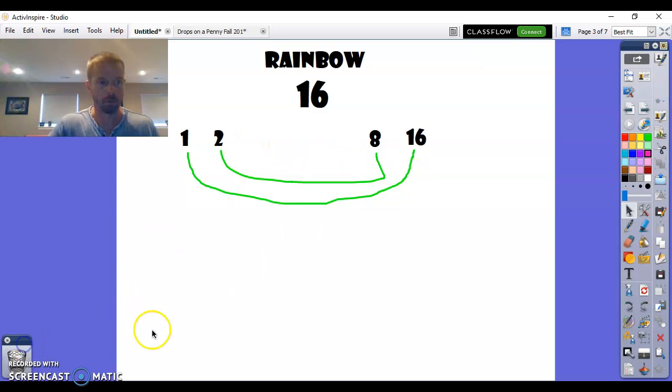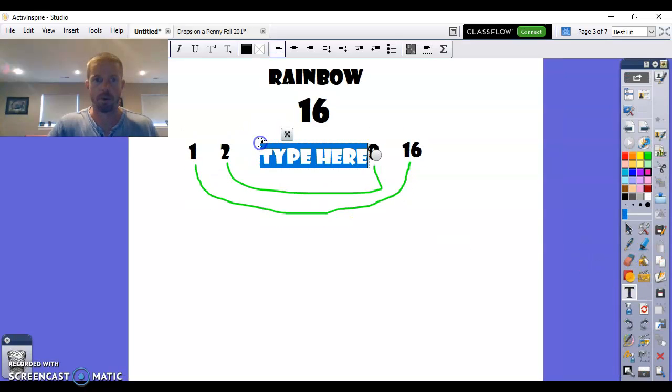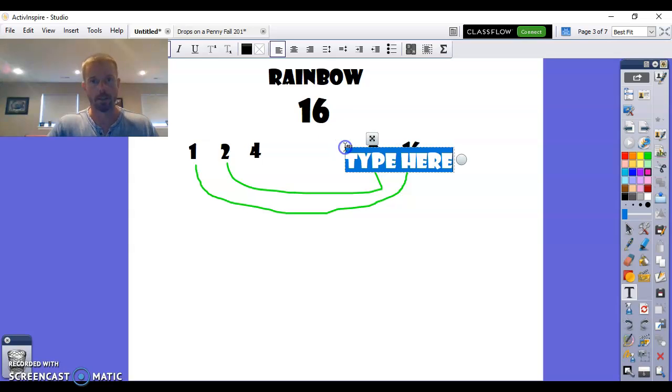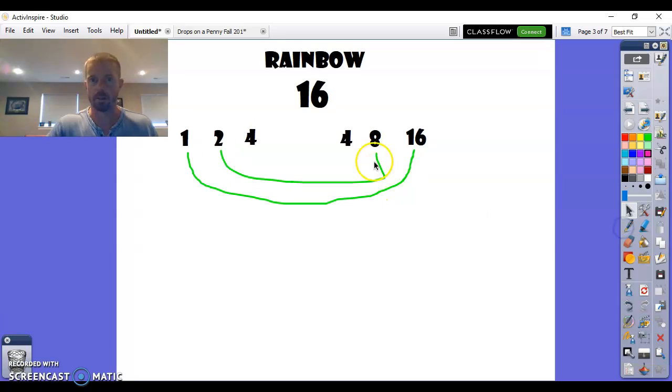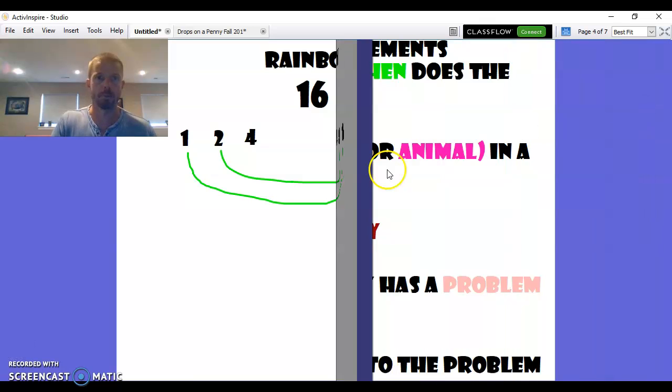And then we'd try 4, and we know that 4 times 4 is 16. And so then students would know 1, 2, 4, 8, and 16 are all factors of 16. So finding factors will be our major focus for this week in math.